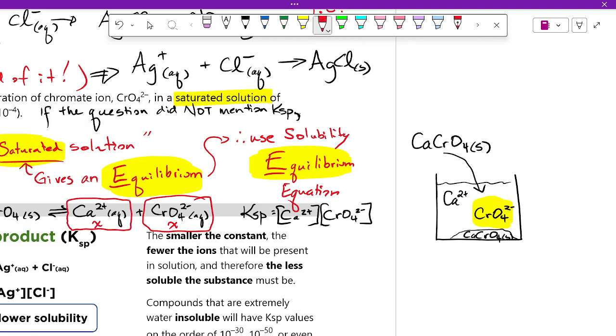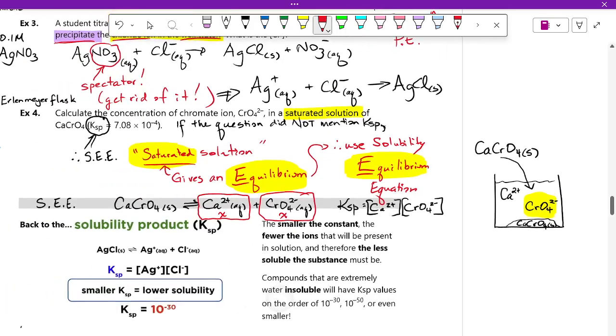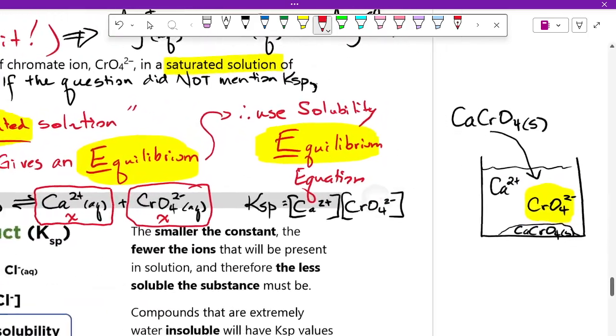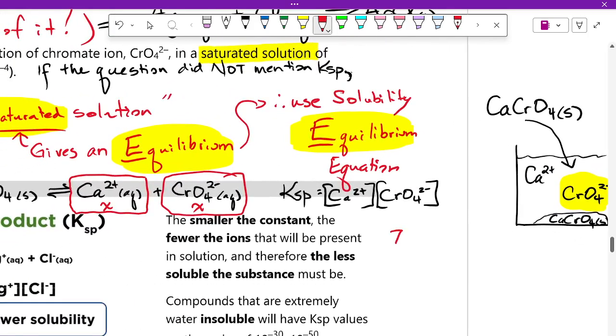And then we're given a KSP, 7.08 times 10 to the minus 4. Yeah? And so then you could figure out X, and you know what? You just solved a KSP problem without even really knowing how to solve KSP problems. They're really not too bad.